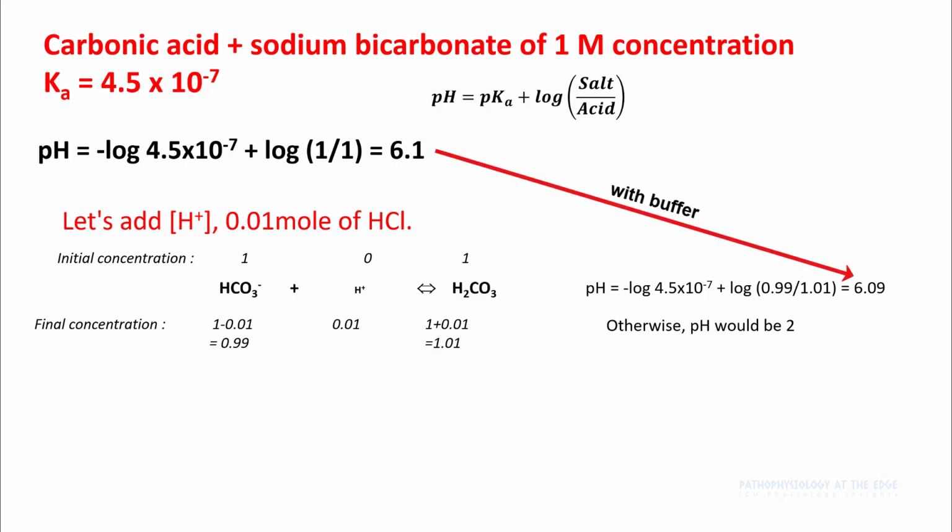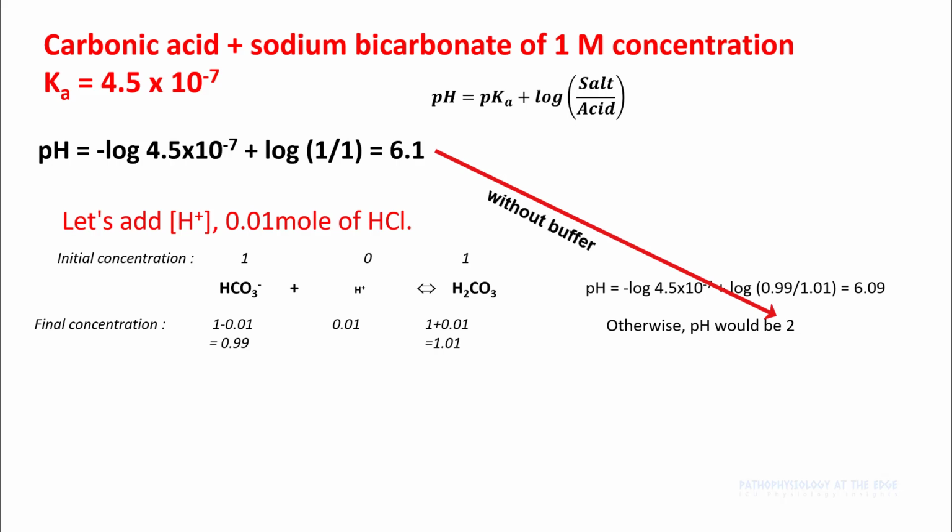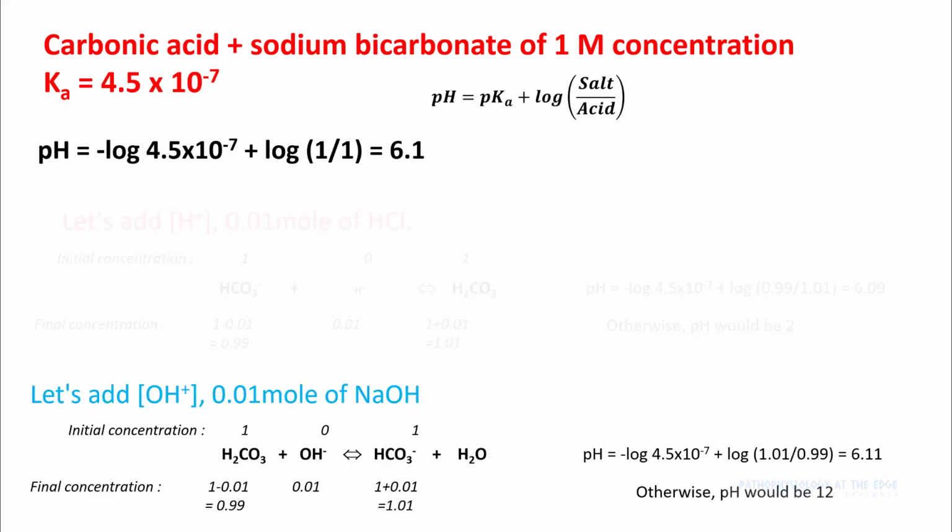So you can already see that the change in pH was only from 6.1 to 6.09 and did not drop down to 2. Similarly, if you add 0.01 mole of sodium hydroxide, your final concentration of carbonic acid will be 0.99 and bicarb would be 1.01, and your pH will be 6.11. Otherwise, your pH would have increased to 12. So you can see that buffer solutions are really good at preventing massive changes in pH.